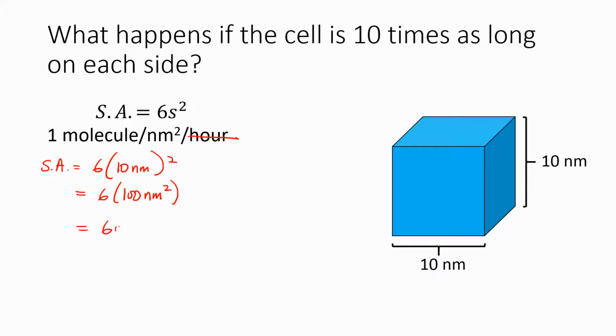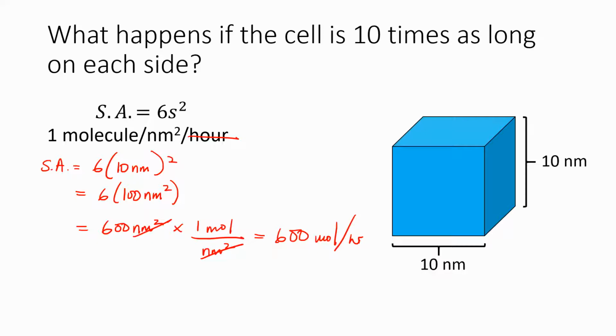So that's a total of 600 nanometers squared. Now, remember, it can transport 1 molecule for every nanometer squared. So I can cancel out these nanometers squared, and basically I can transport 600 molecules in an hour.